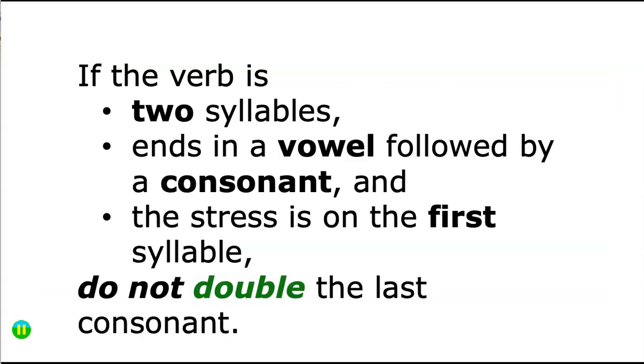Notice the new twist. If the verb is 2 syllables, ends in a vowel followed by a consonant, and the stress is on the first syllable, do not double the last consonant.